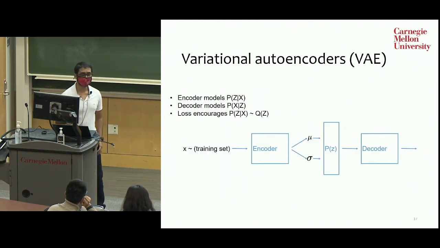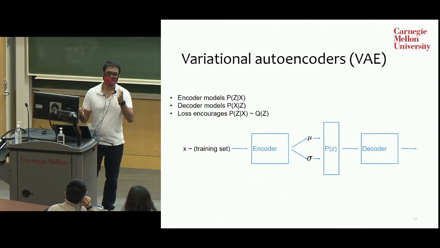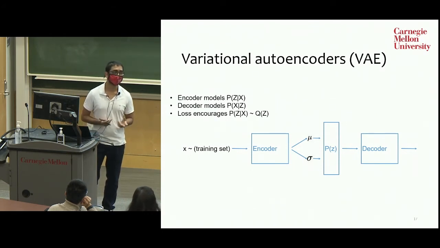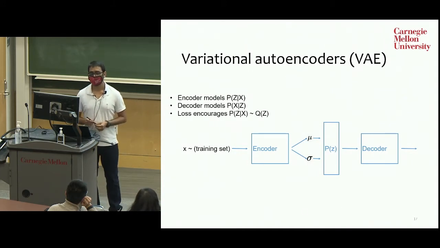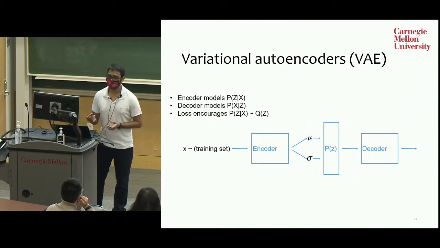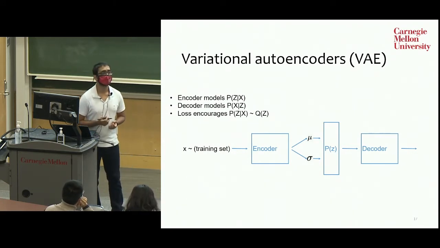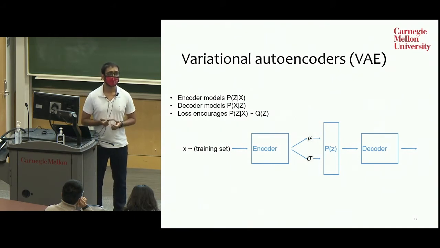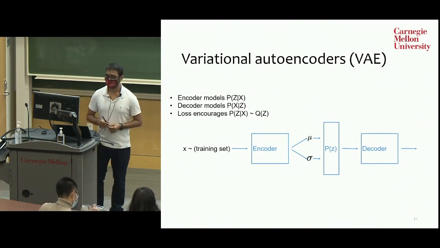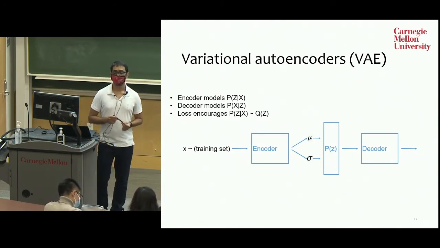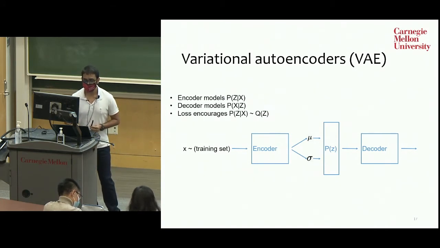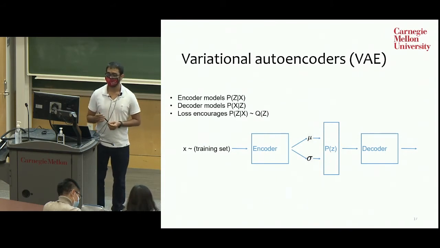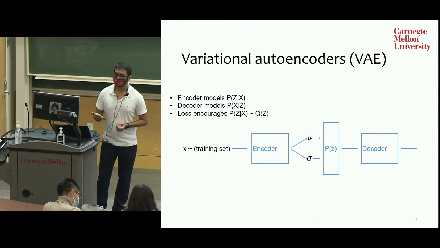In VAEs, what we are basically trying to do is that we have this encoder-decoder model, and in the encoder we are learning to go from the input data to a latent space, and then generating the actual data from the given latent space. So we are basically trying to learn this latent space Z. This is the whole idea of VAEs.